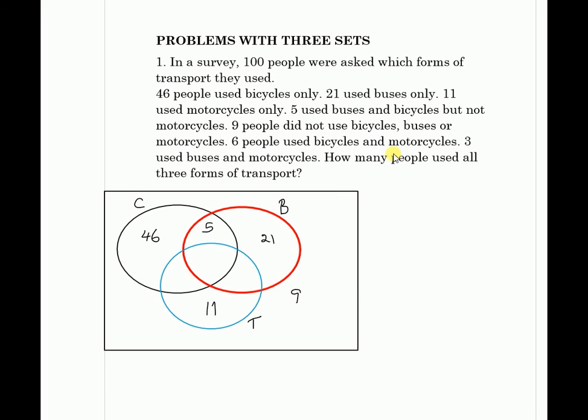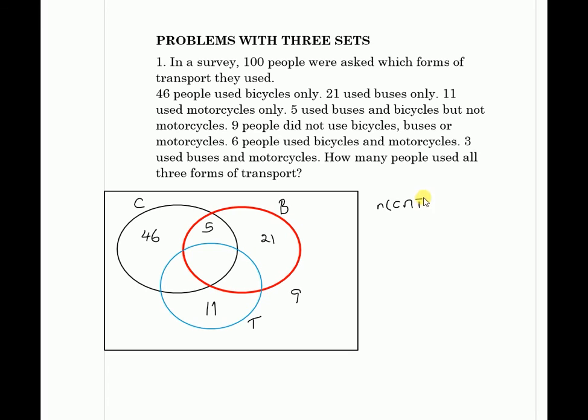Then 6 people used the bicycles and motorcycles. If I write this in set notation, it is C intersection T, bicycles and motorcycles.